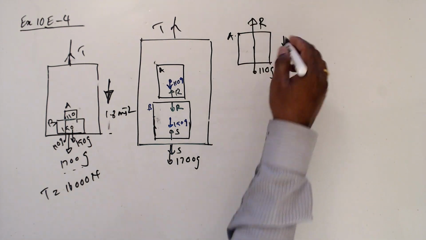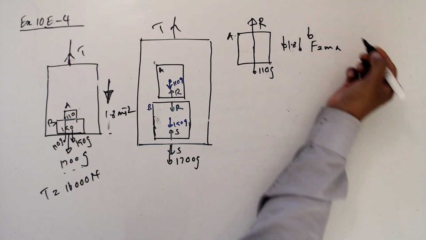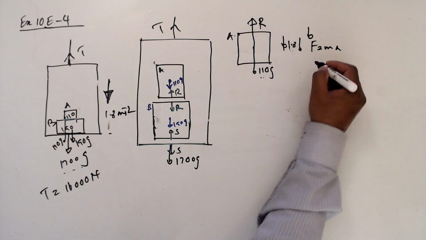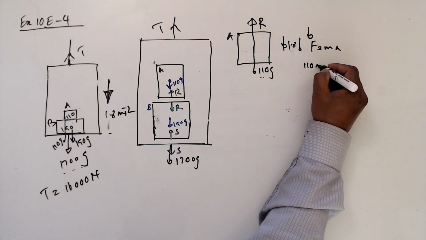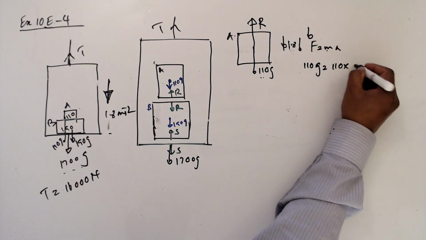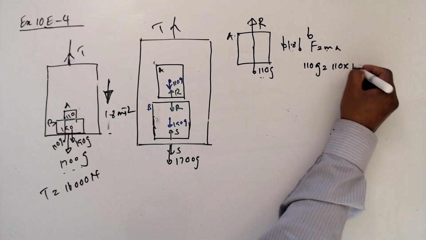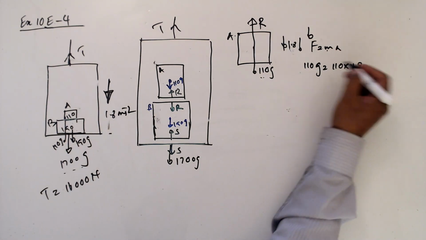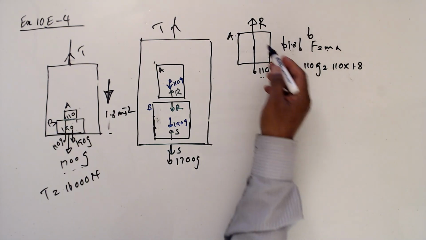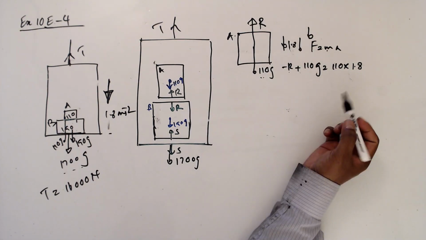So F equals ma downward: 110 g minus R equals 110 times 1.8, where R is upward and we are taking downward as positive.